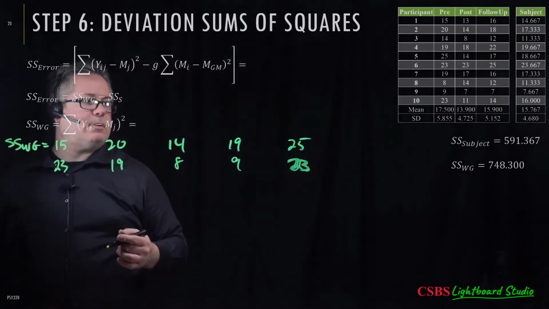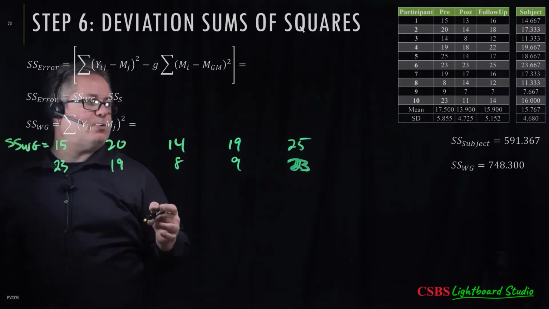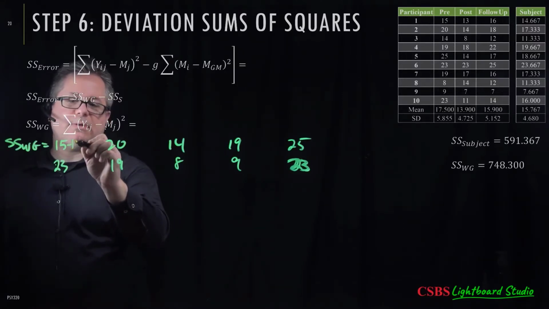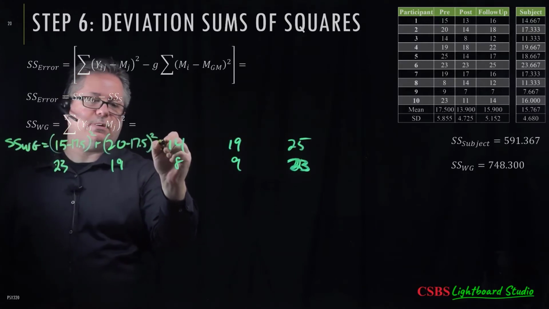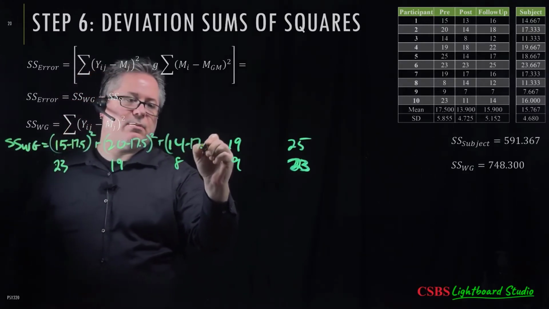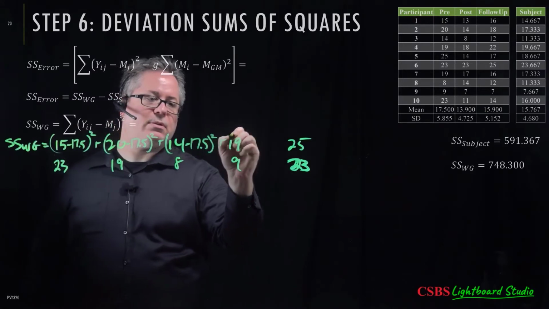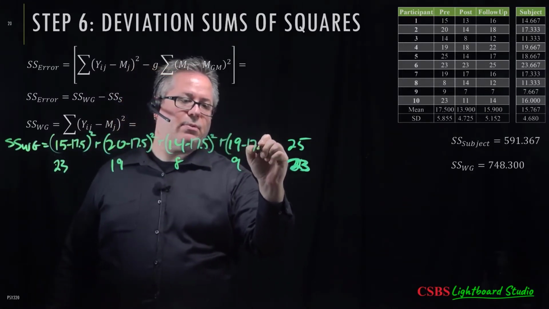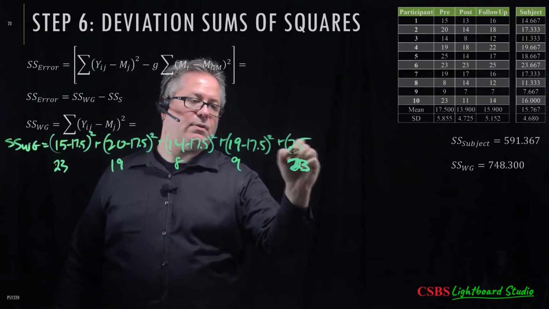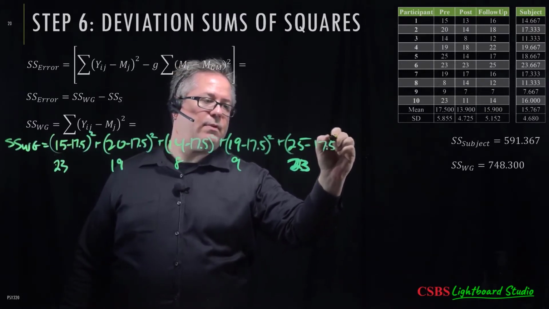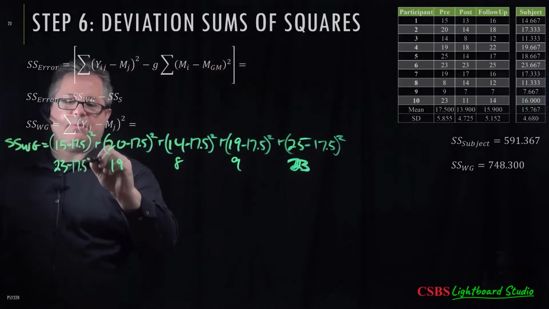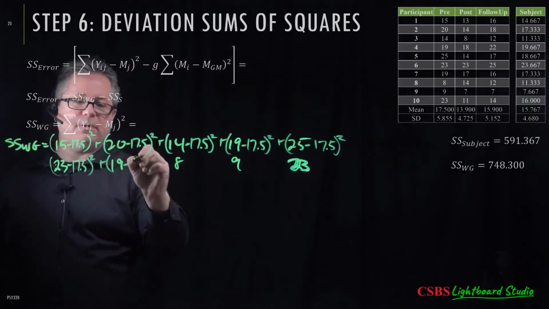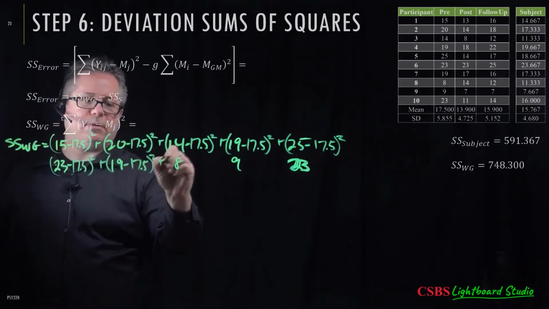Okay, so that's the first group, so it's all minus 17.5 squared plus this minus 17.5 squared plus this minus 0.5 squared plus this 17.5 squared plus this 17.5 squared. Same group, so same mean, 17.5 squared plus 17.5 squared.